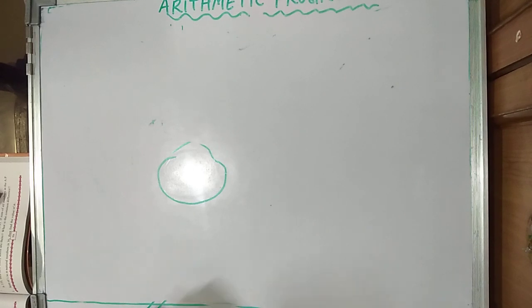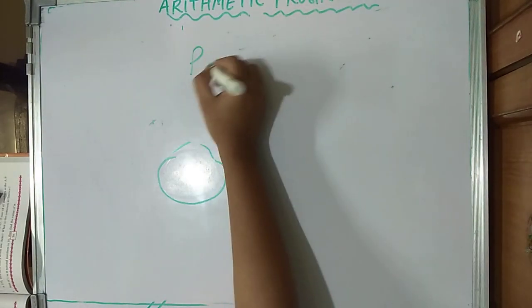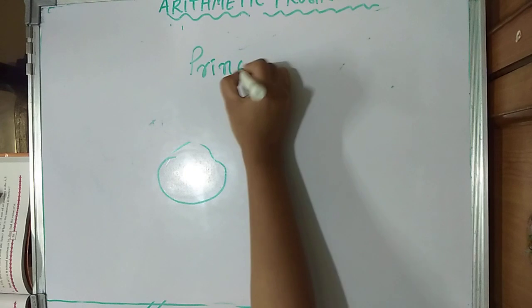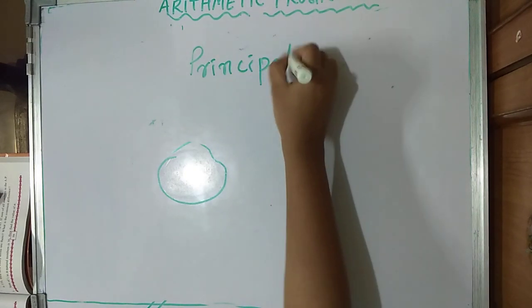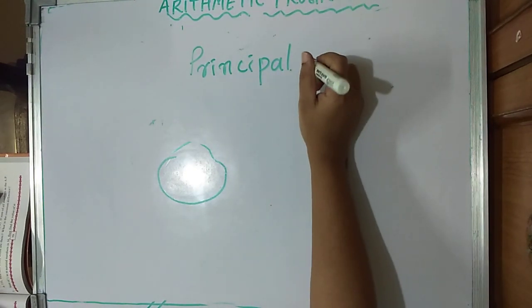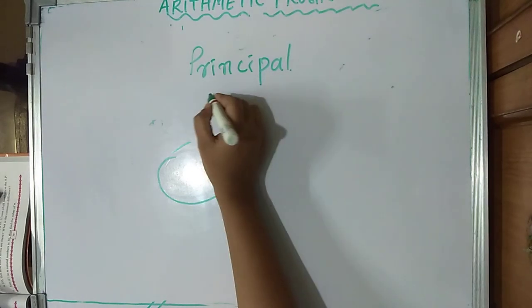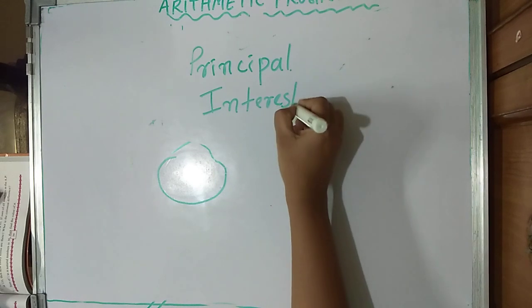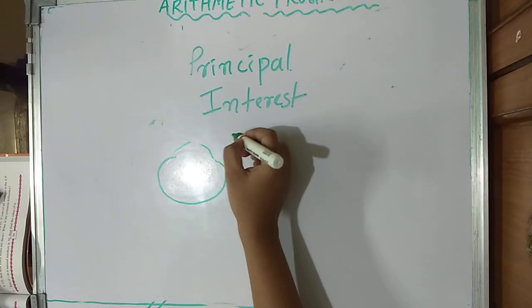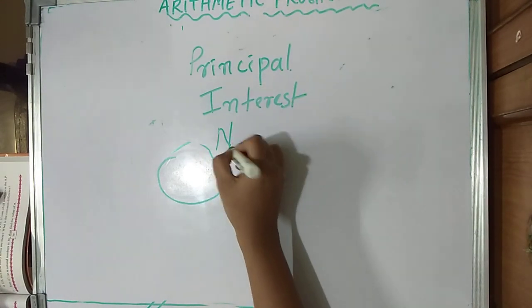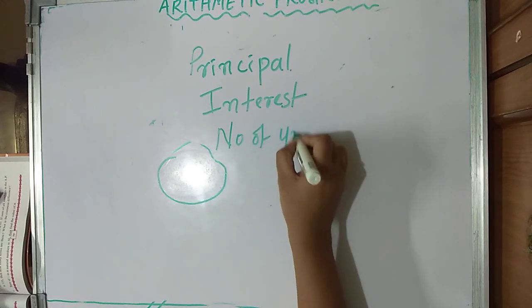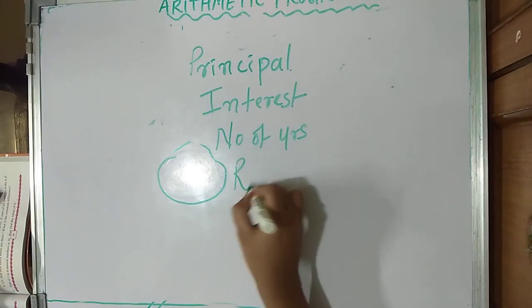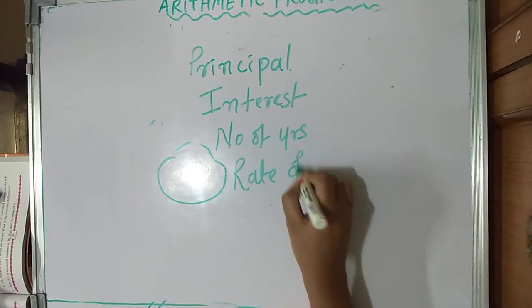Interest means when you borrow an amount, that borrowed amount is called principal. And this principal you have to pay back to the person from whom you borrowed, along with an extra amount which is called interest. The time for which you borrow is called number of years. Then we have the fourth term, rate of interest.